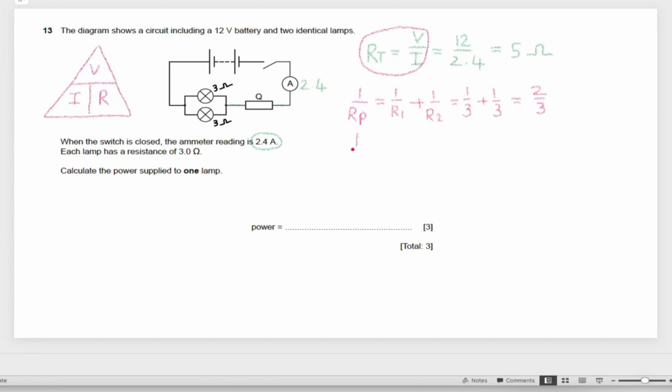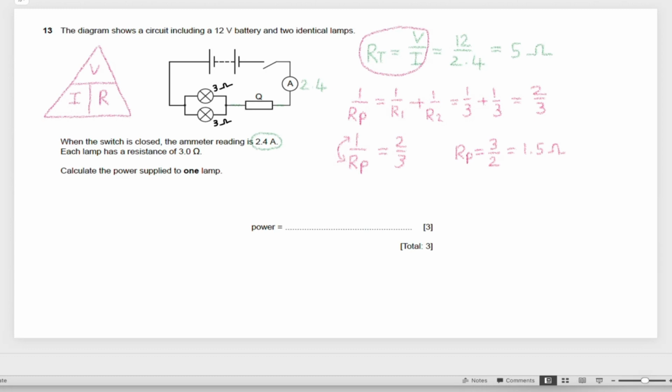So 1 over Rp is equal to 2 over 3. Now I have to invert both sides, so Rp is equal to 3 over 2, and if you write that as a decimal, it will be 1.5 ohms. So we don't need Q, we only need the voltage across the lamp branch.